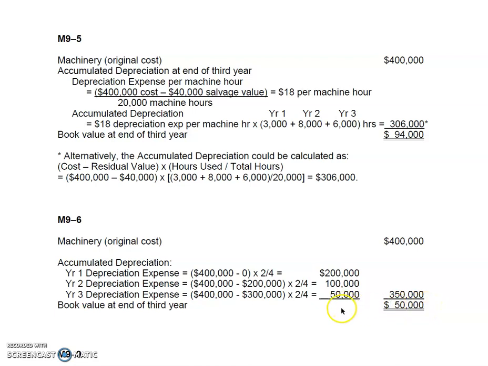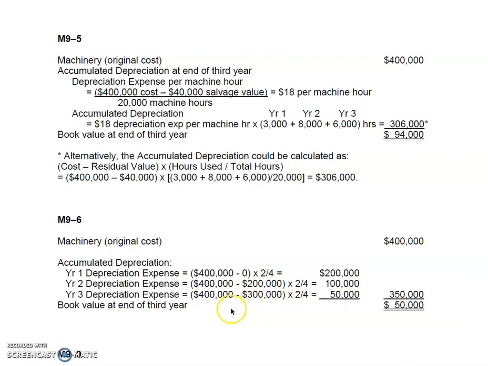Now, year 4, how much depreciation would we take here? Well, if you're saying, okay, net book value was $50,000, we take 50% of that, give us $25,000. Whoops, you forgot about residual value.